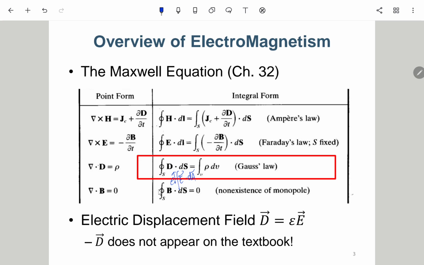Later on we will know what it really means, but generally here I'd like to let you know this is an overview of electromagnetism. Inside the Maxwell equations we have 4 laws, and we can solve many problems related to electromagnetism.